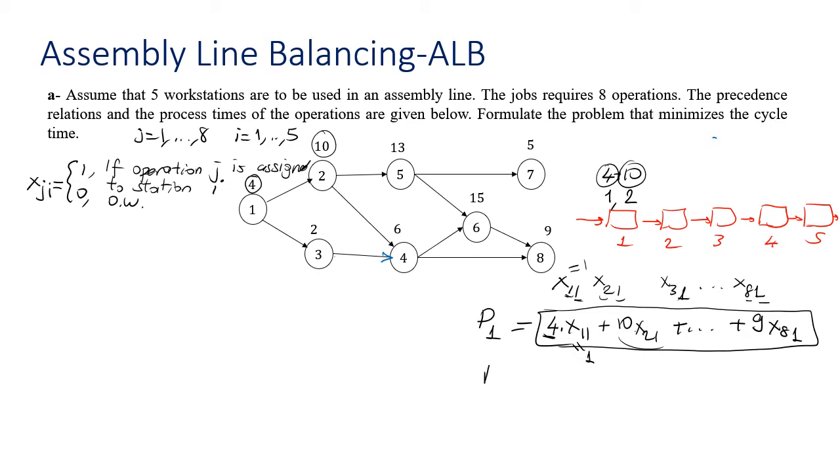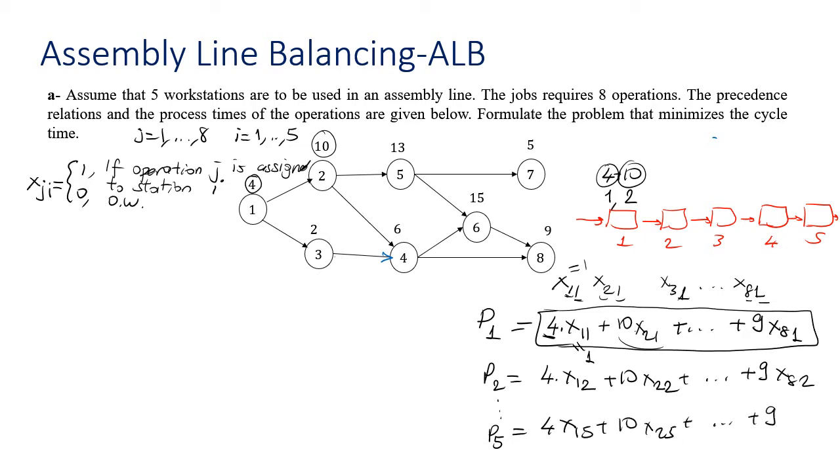The processing time of the second workstation will be, again, it depends on whether this first task is assigned to the second station, or this second task is assigned to the second station, up to this last one. And we have in total 5 stations: 4 times x15, 10 times x25, up to 9 times x85.